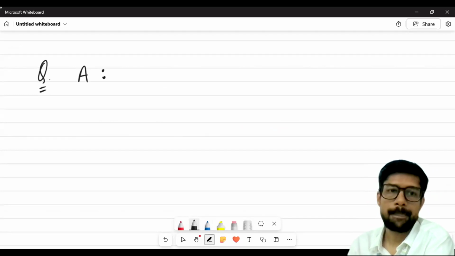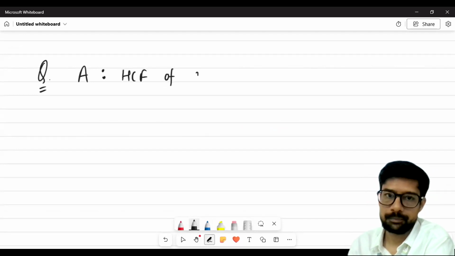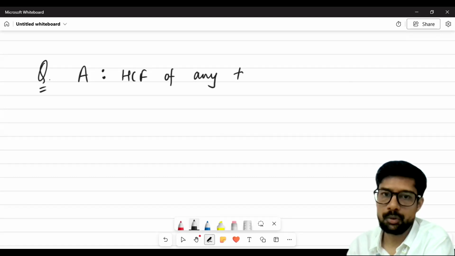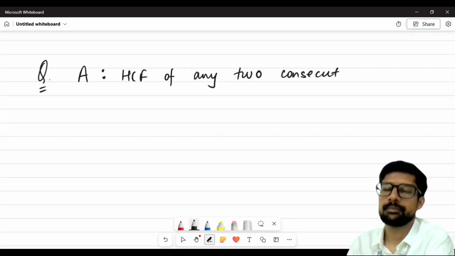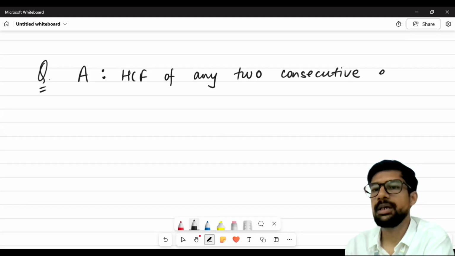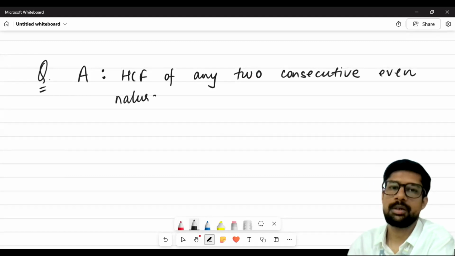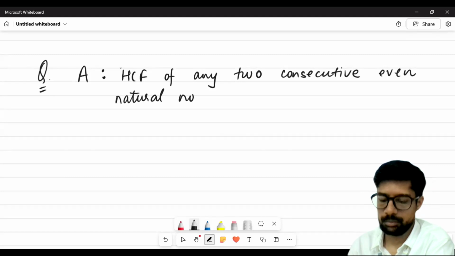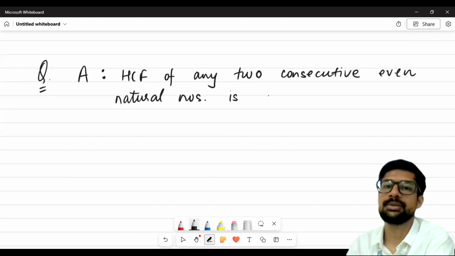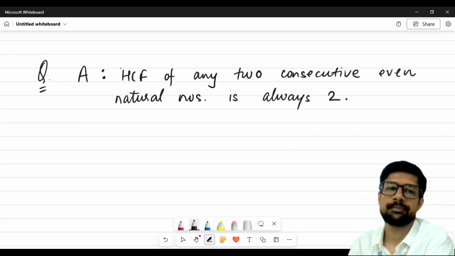Assertion: HCF of any two consecutive even natural numbers is always 2.